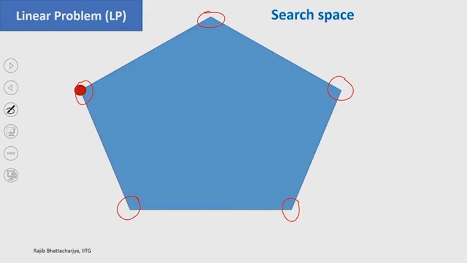Okay. So, the method should be developed in such a way that you are not looking at any solution on the other part except these corners. So, this is one property of a linear problem, that your solution will be in one of the corners of the convex search space.